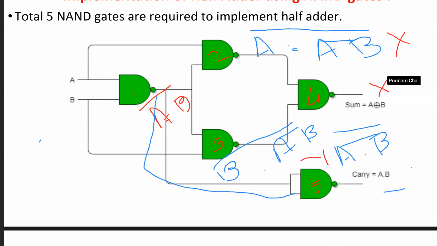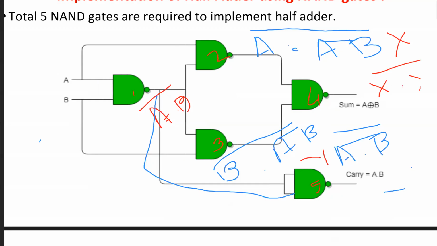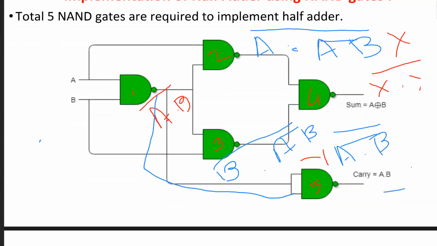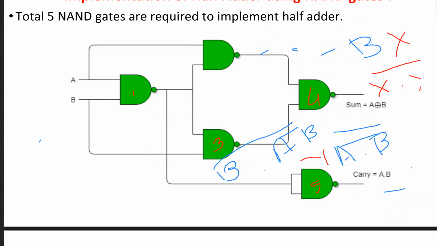So X dot Y, the whole complement, and then you can substitute the value of X and the value of Y. So you should be getting A dot B dash plus A dash B. That is my XOR gate.